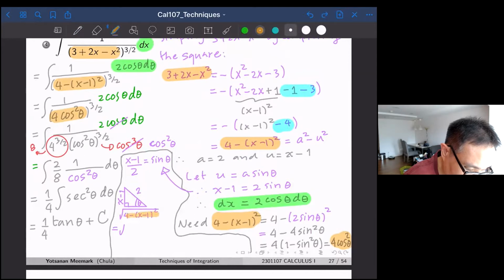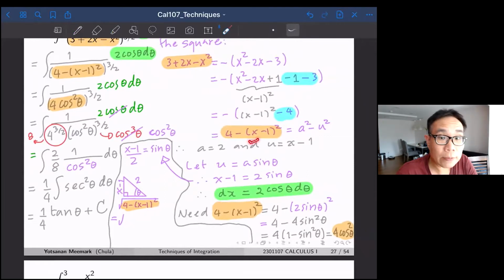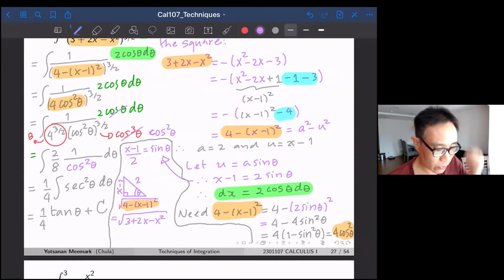So the orange term that I mean is here. See, you trace this one back. Hey, it's equal to this one without calculating. Yeah, it's correct. So it's going to be 3 plus 2x minus x squared. Okay, so this is how we have this one.